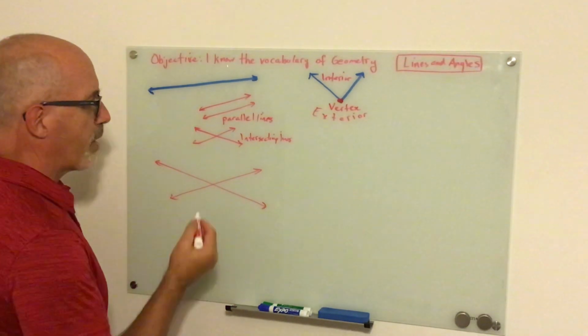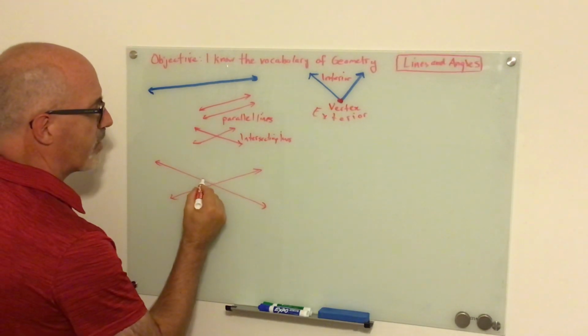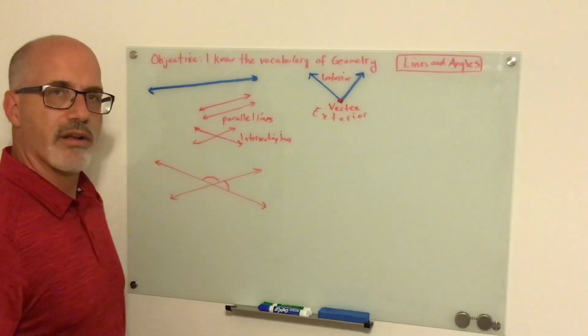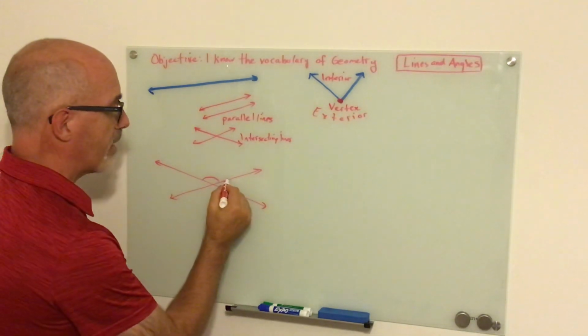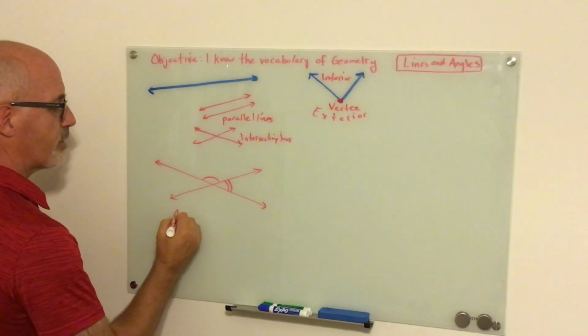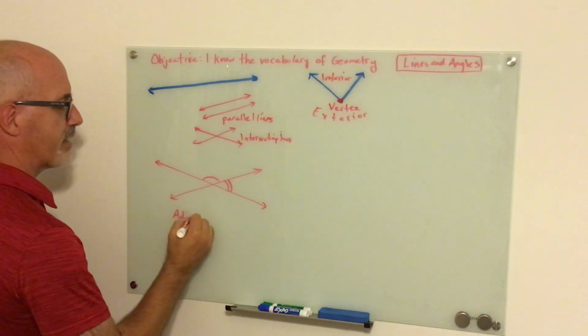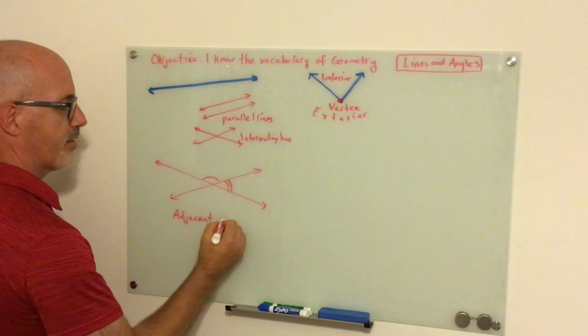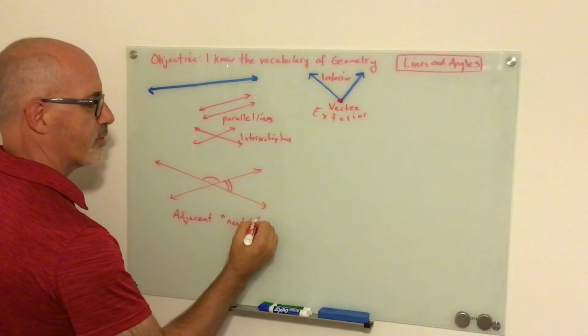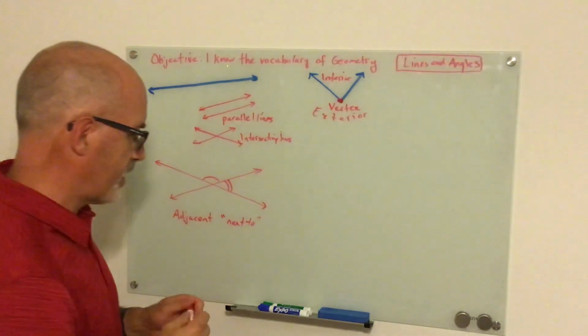First of all, this angle here is right next to this angle there. Angles that are next to each other are called adjacent, which means next to. So two intersecting lines form adjacent angles.